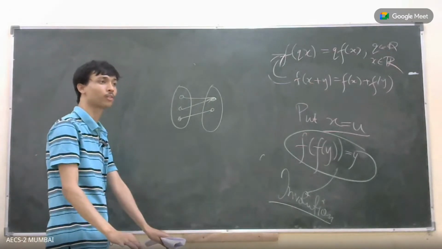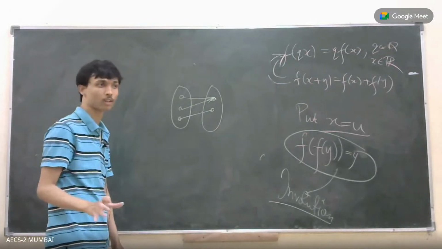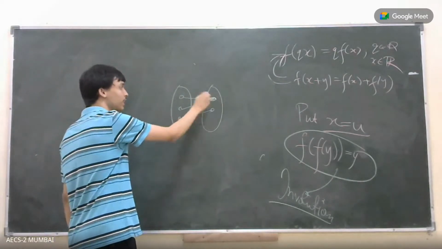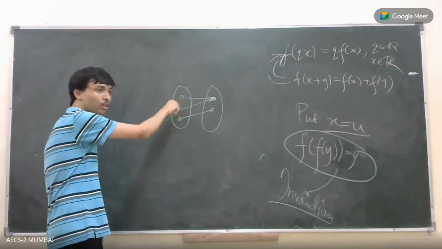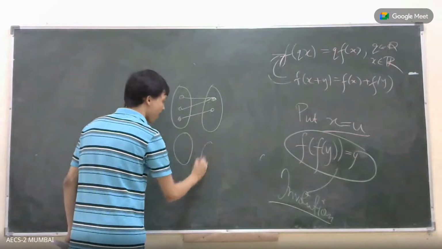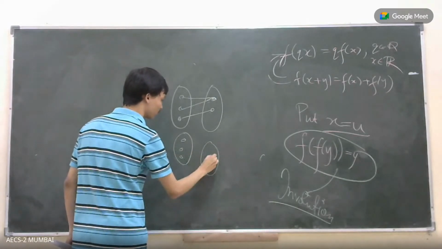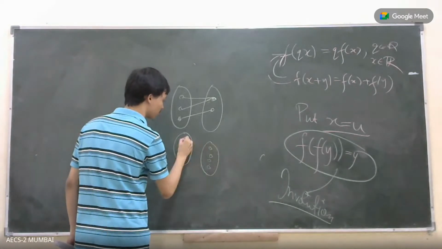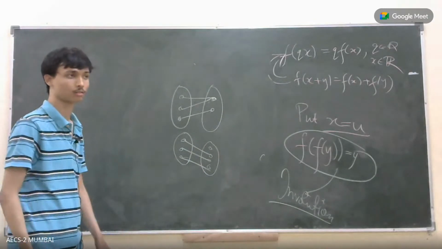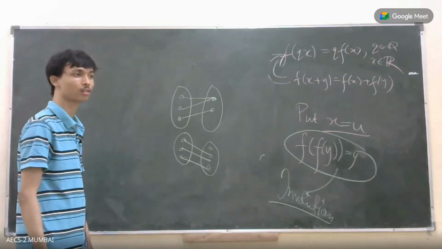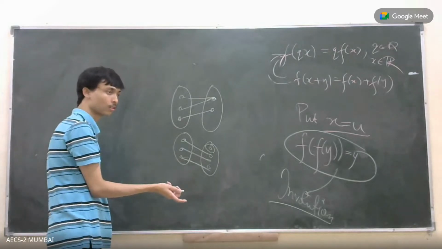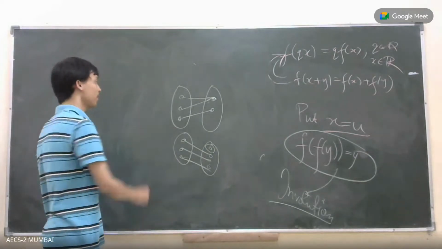So the first condition for an inverse to exist is that the function should be injective, because otherwise you cannot decide where to send this. Can you invert this function? Why not? Because where will you send this, right? So you can't invert it either.